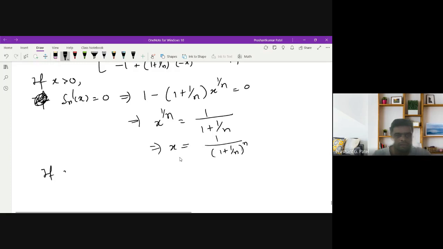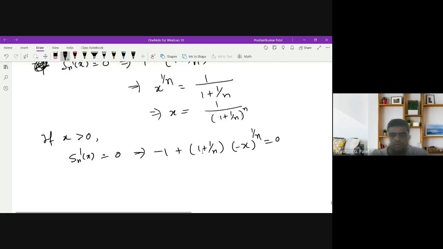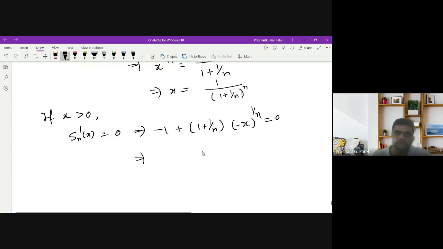If x is less than 0, then Sn dash of x equal to 0 implies minus 1 plus 1 by n times minus x raised to 1 by n equal to 0. This implies minus x raised to 1 by n equals 1 upon 1 plus 1 by n.